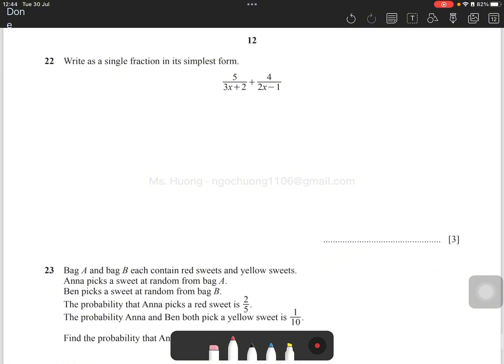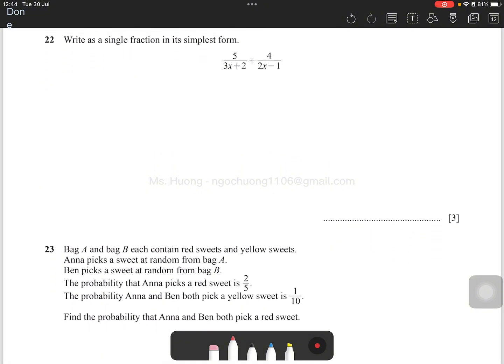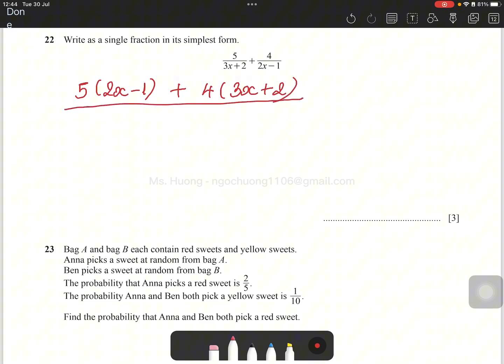Question 22. Write as a single fraction in its simplest form. We see that the two denominators are different, so we'll cross multiply: 5 times (2x minus 1) plus 4 times (3x plus 2). Then we divide by the product of the two denominators. And we keep the denominator, we just need to simplify the numerator.